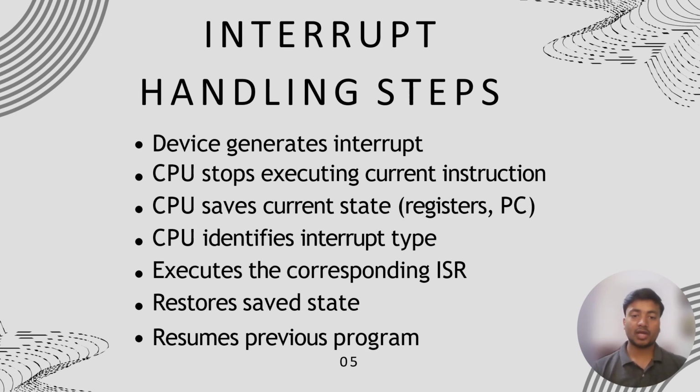Fourth, the CPU identifies the interrupt type and executes the corresponding ISR. Fifth, restore the saved state. Sixth and last, resume the previous program. This is all about how to handle an interrupt.